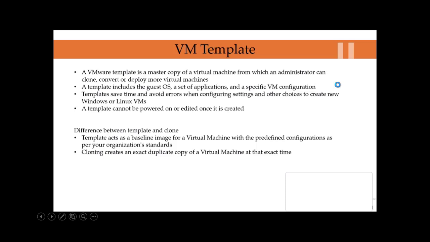And from this template we can create as many machines as we want if we want to deploy in a large number. Templates save our time and avoid errors when configuring settings, and we can create a new Windows or Linux machine. As you can see, we don't need to install application software again, so we save a lot of time.